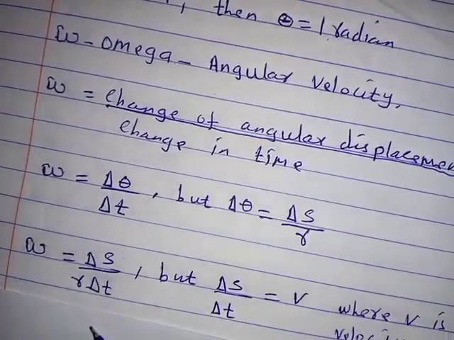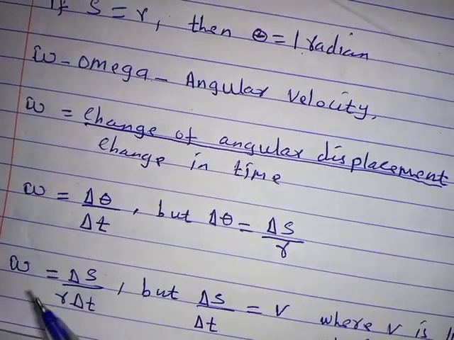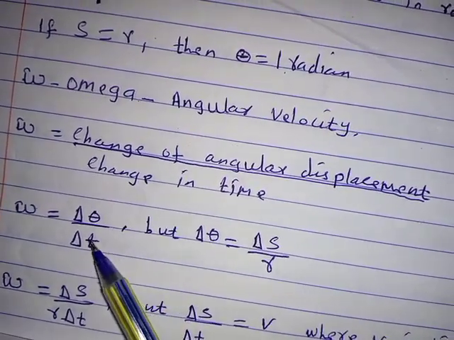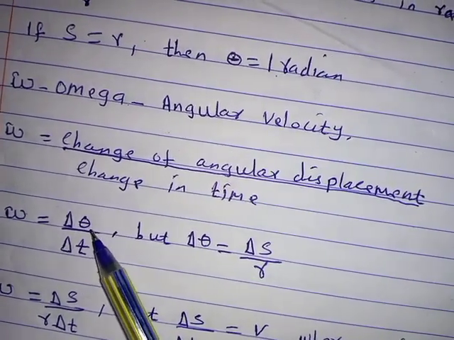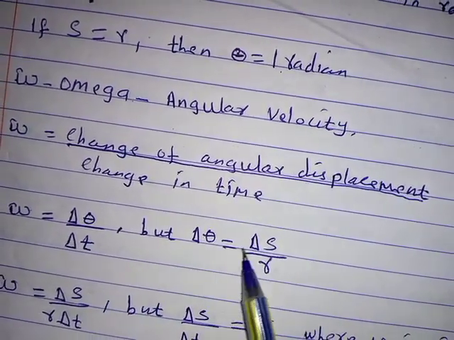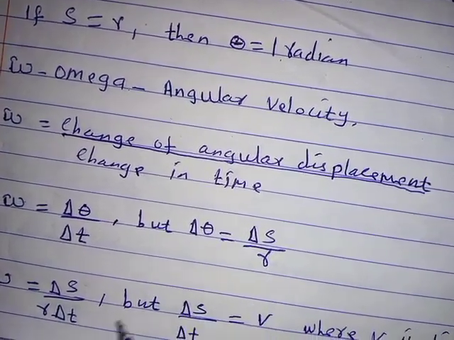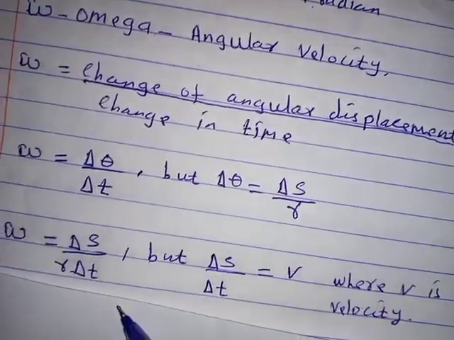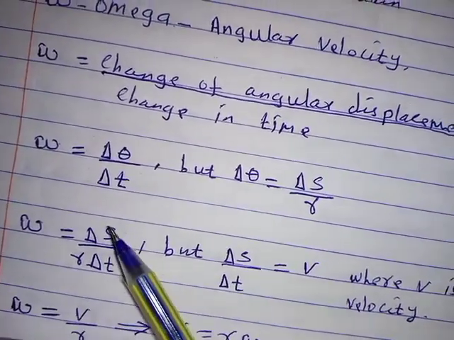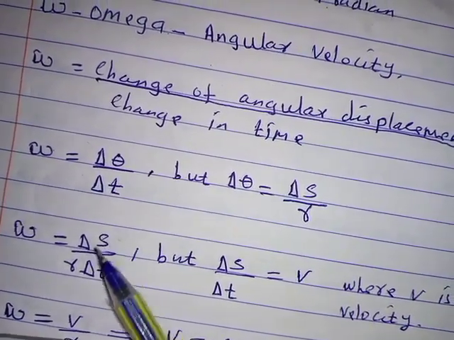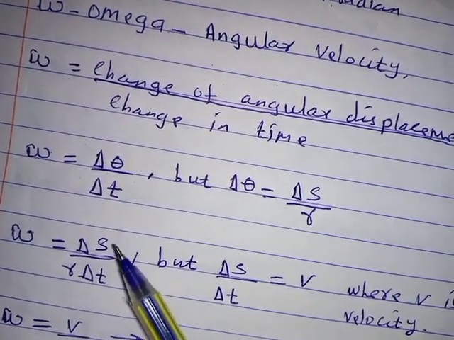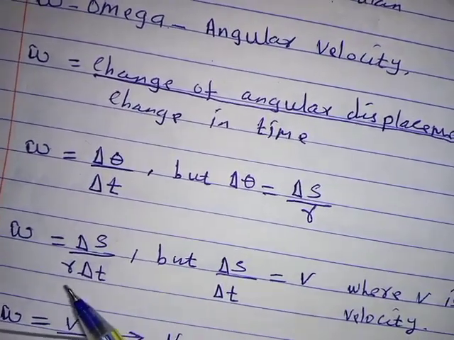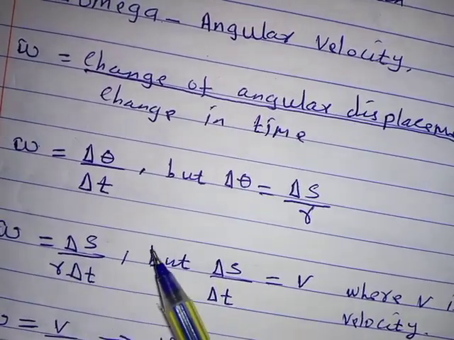So we can substitute change in angular displacement with change in arc length over radius, because the radius does not change. The radius remains the same here. And when we substitute, we get omega given by change in arc length divided by radius times change in time.